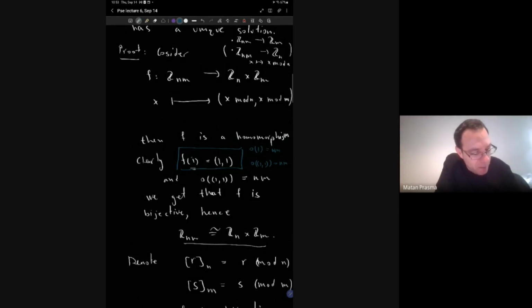So if you map an element of order k into another element of order k between two cyclic groups, you have a bijective map.